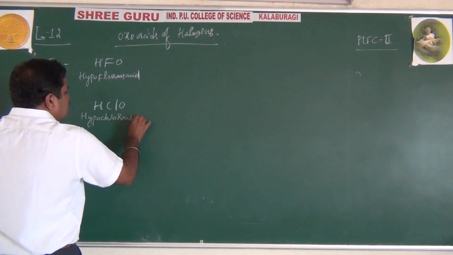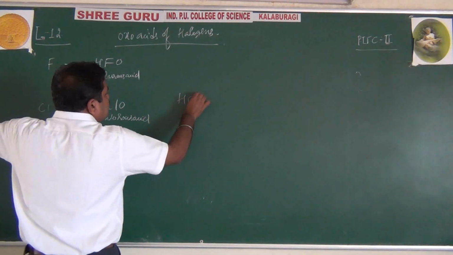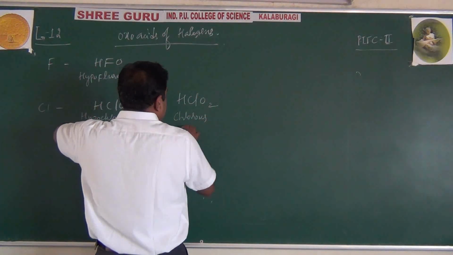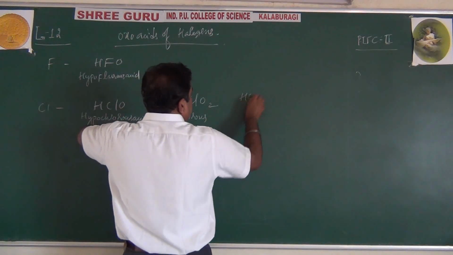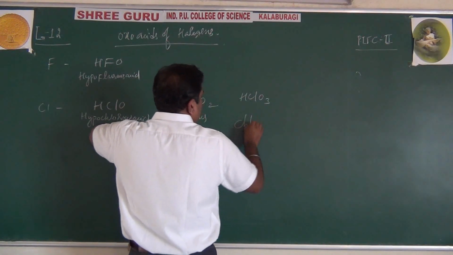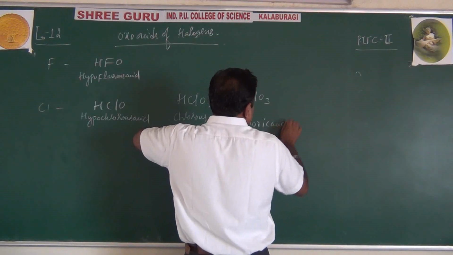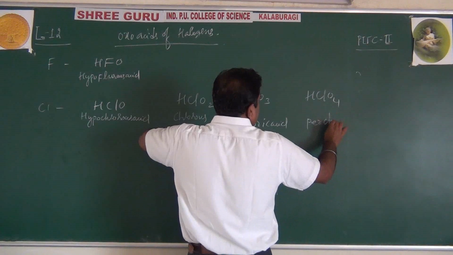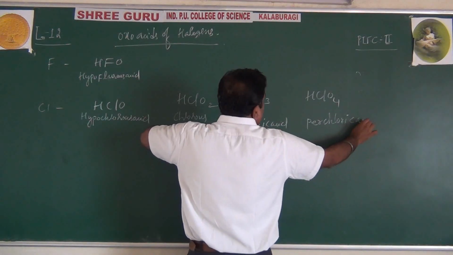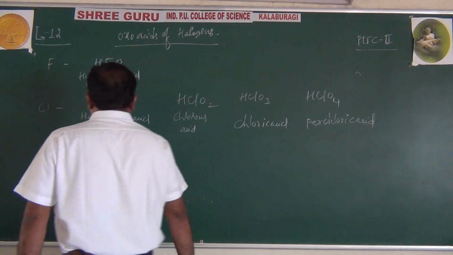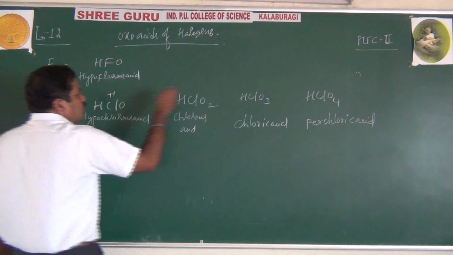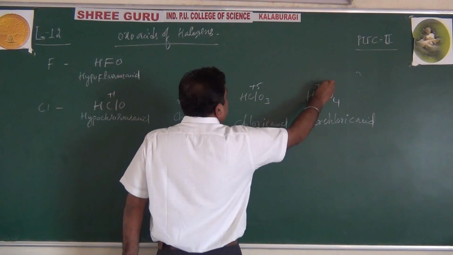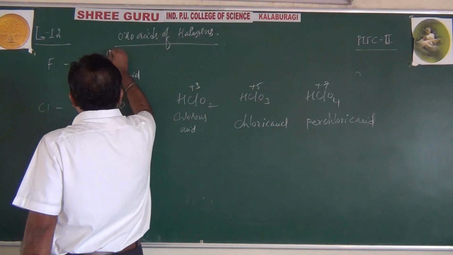Hypochlorous acid. Then HClO2, chlorous acid. Okay. Then HClO3, chloric acid. Then HClO4, perchloric acid. These are the oxo acids of chlorine. Here +1, +3, +5, +7. But for fluorine only +1.